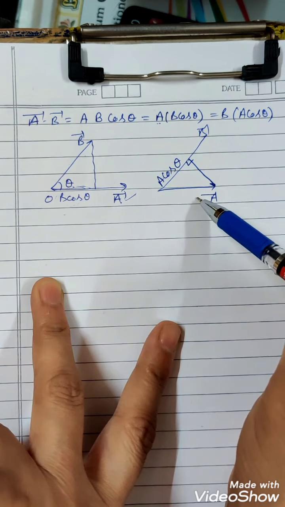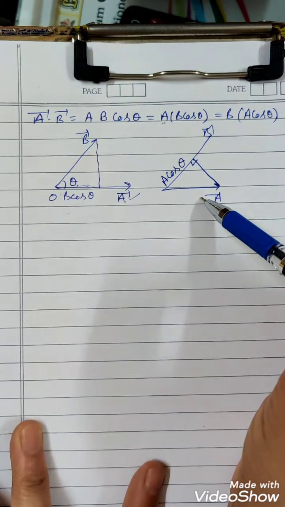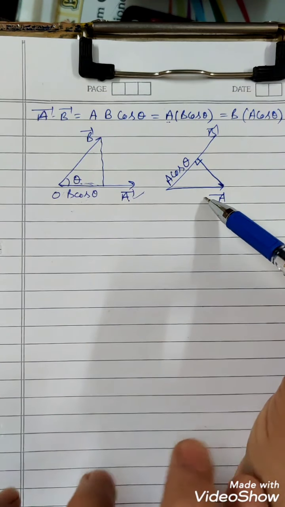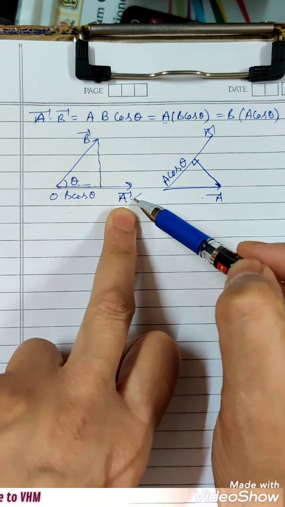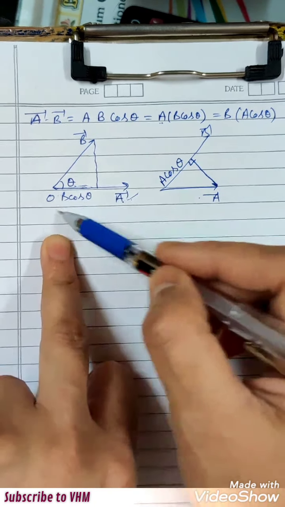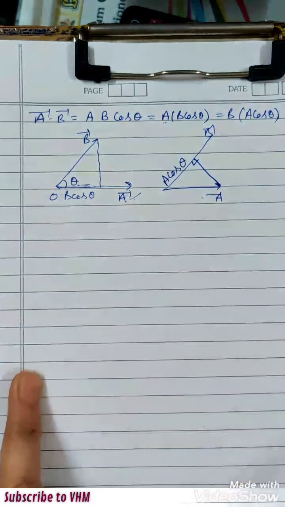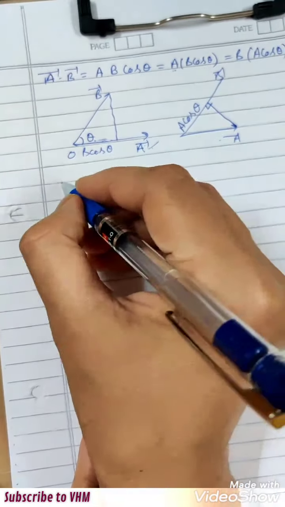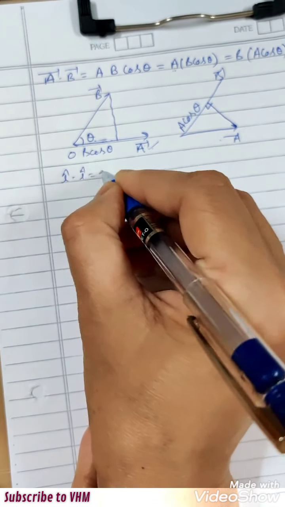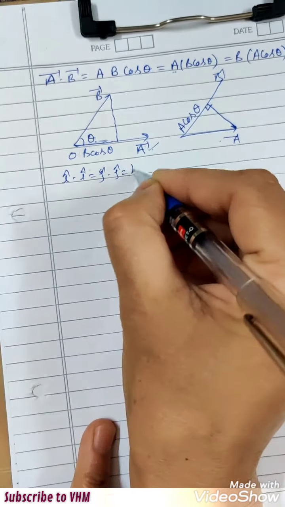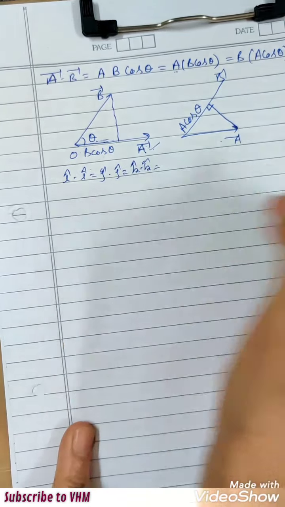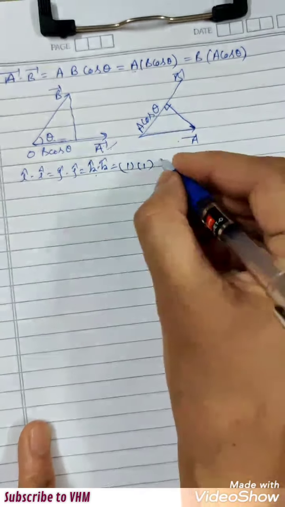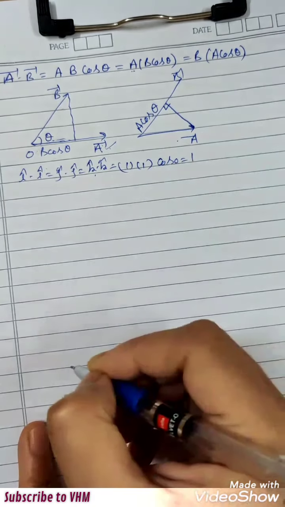This is also called the geometrical meaning of dot product: the product of magnitude of one vector and the component of the second vector in the direction of first vector. Now for the unit vectors, that is I dot I, J dot J, or K dot K, the magnitudes are 1, 1, and they are parallel, so cos 0 is 1.